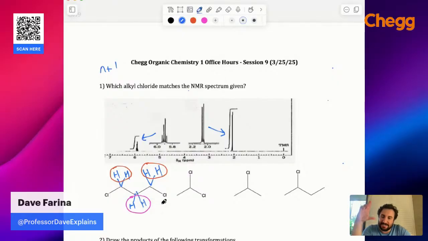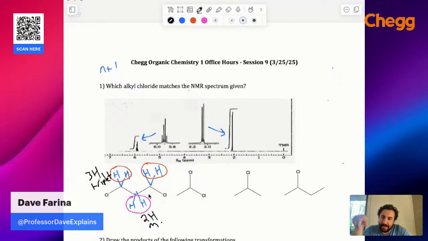So we would expect to see a triplet that is integrated to 4, let's call this a 4H triplet. And then over here, we would expect to see a quintet, but once splitting goes into 5 or more peaks, we just call it a multiplet, and we would expect that integrated to 2. So we're going to have a 2H multiplet.